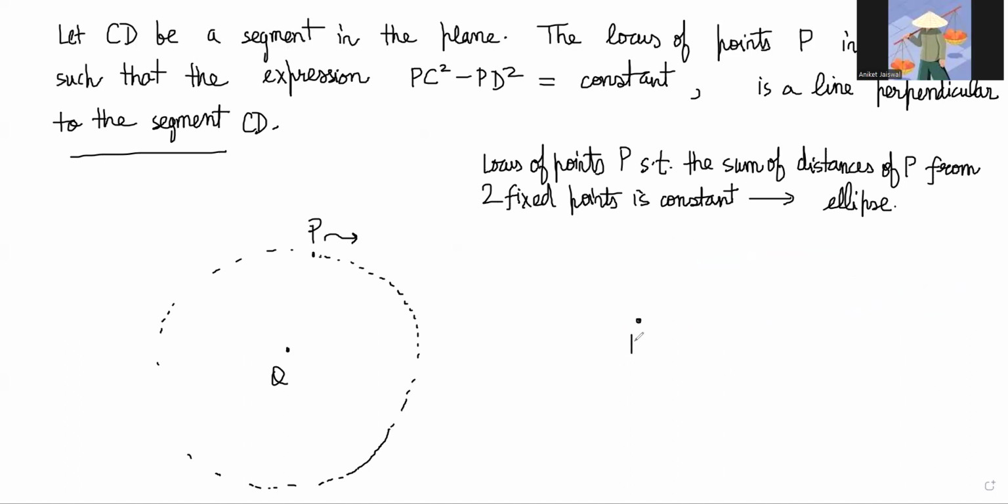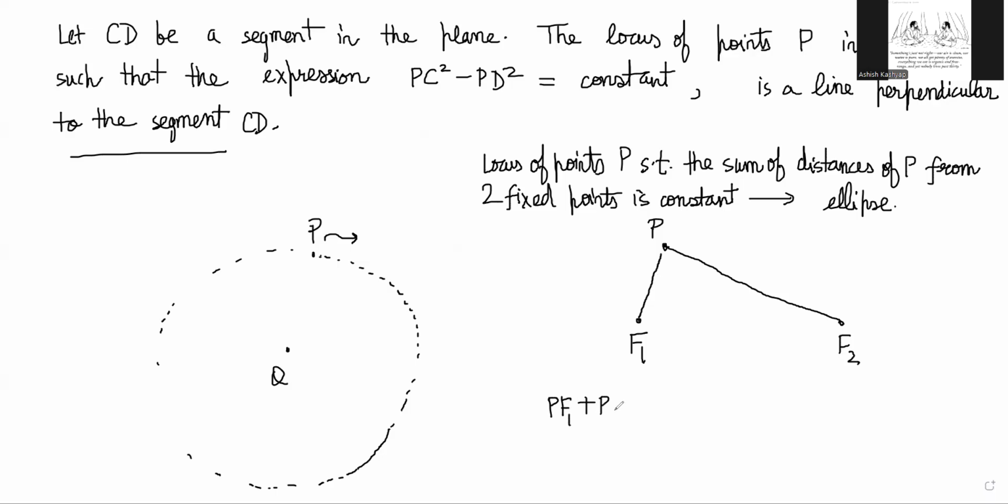So this is one point F1 and one point F2. I want the locus of point P which moves in such a way that this distance plus this distance is always fixed. Basically PF1 plus PF2 is constant.